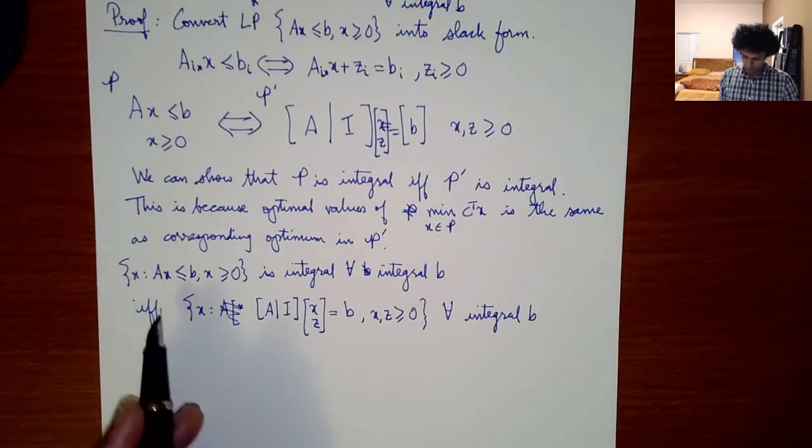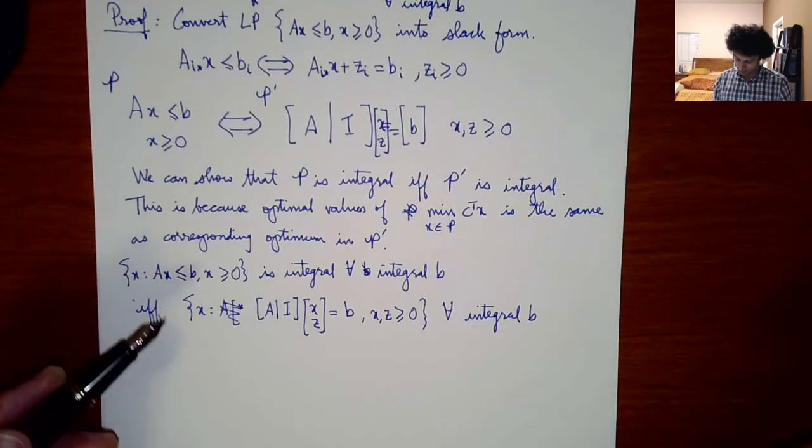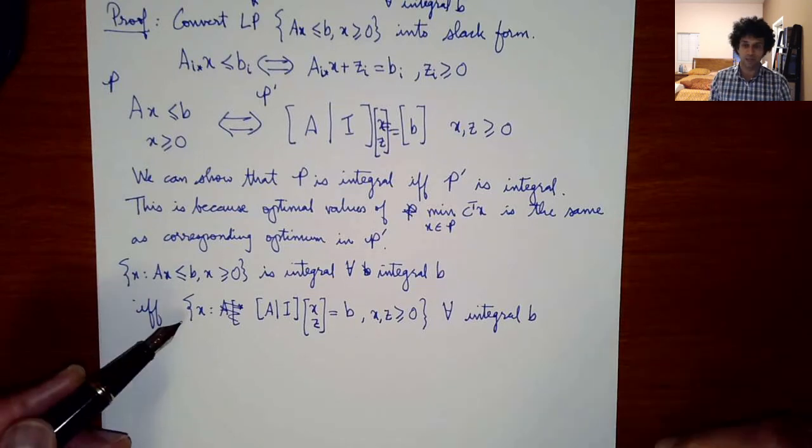So this is just an equivalence between the normal form and the slack form, and now we can apply Veinott-Dantzig here.